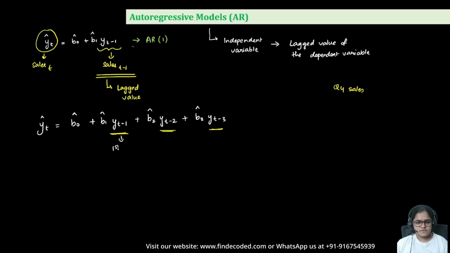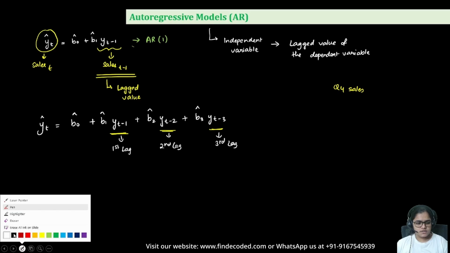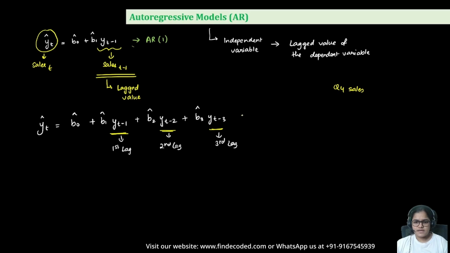This becomes my first lag, then this is my second lag, and this is my third lag. So like this, I can have any number of lags. Okay, so this model, if I want to denote this model, I will call it as AR3. Why will I call it as AR3? Because there are three lags incorporated over here.